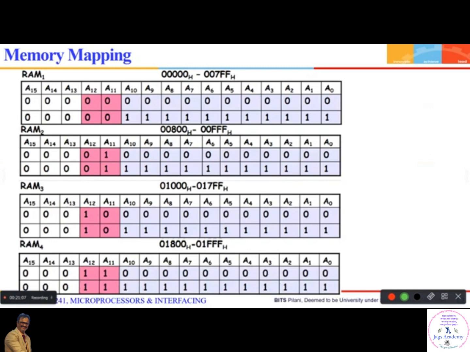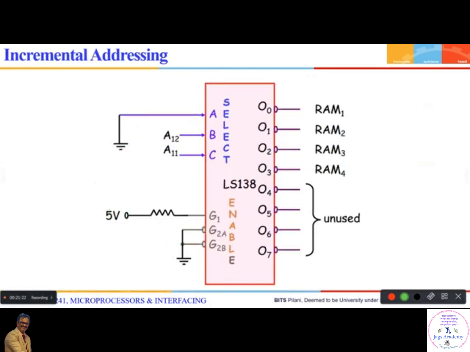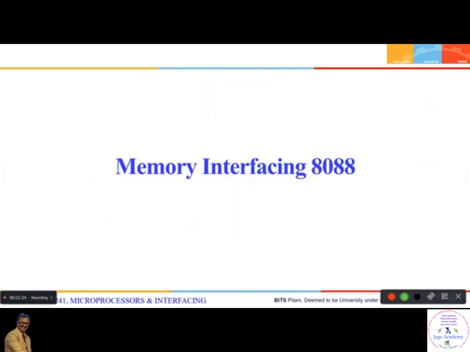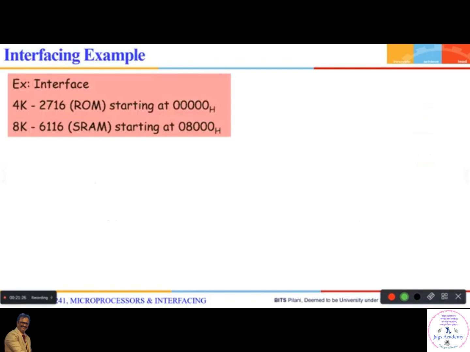We will do some examples during our tutorial period. You should not simply sit and listen to whatever I say, but work it out, then only can you do something. Fine. So this is memory interfacing for 8088. Now, I'm giving you one more example.